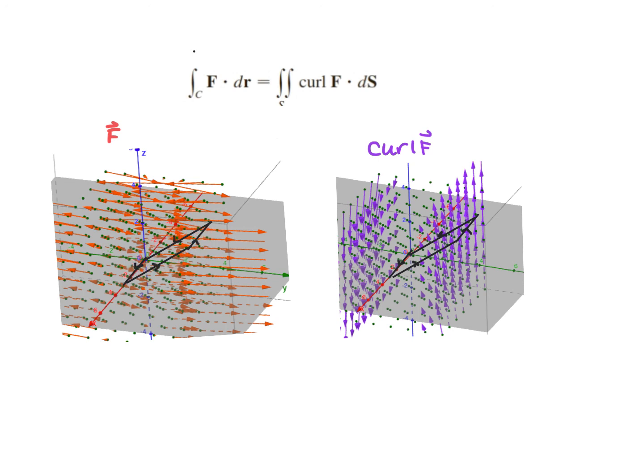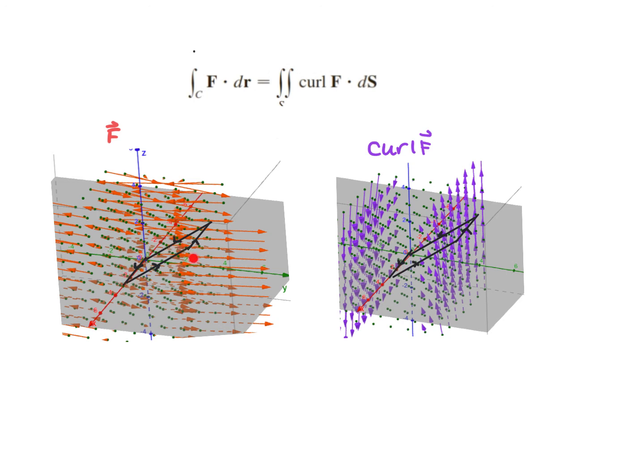Okay, so why might the work done in moving an object around this curve be related to the flux? This is the flux of this vector field across this surface. Well, you can kind of see it.